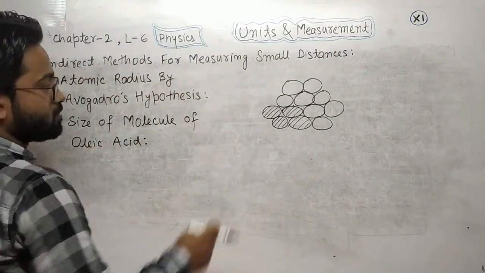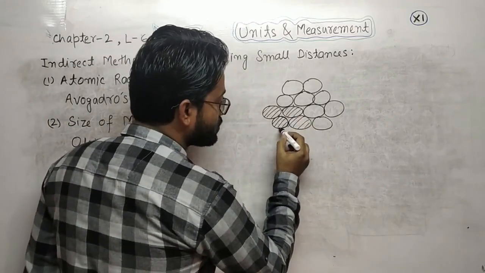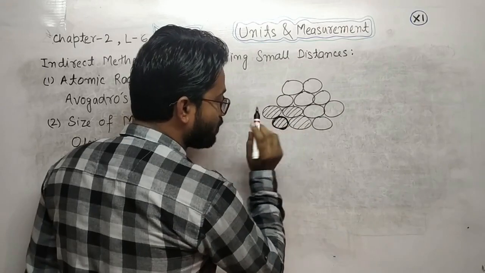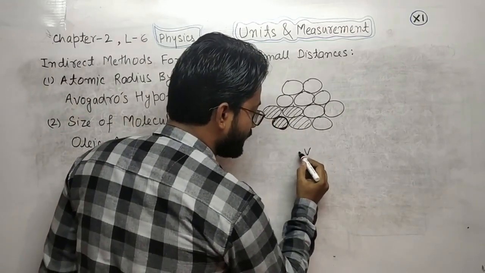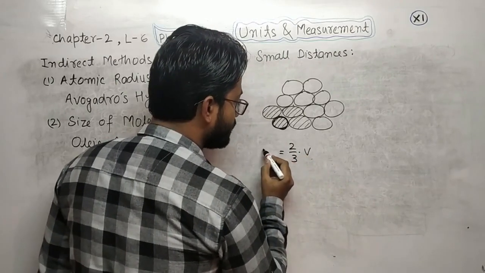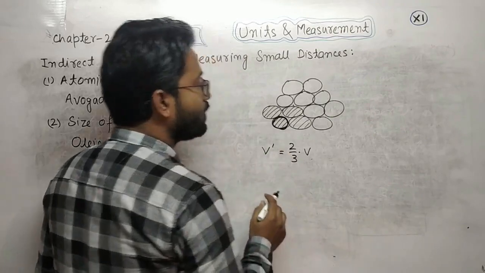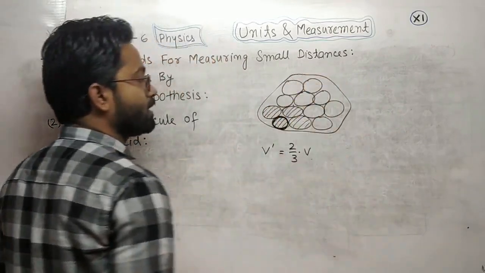According to Avogadro's hypothesis, the actual volume occupied is 2/3 of the volume taken by all the molecules or atoms.